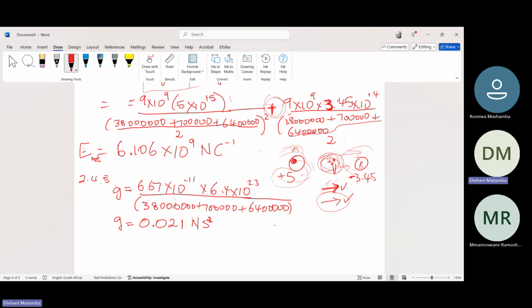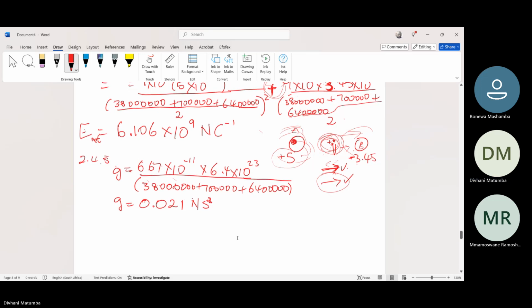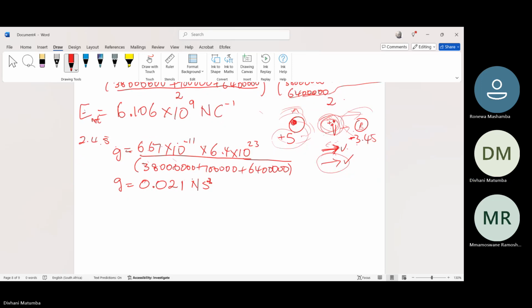Rhonda, do you agree? It is Newton per mass. I agree with that. Or meters per second squared. This is acceleration, gravitational acceleration.